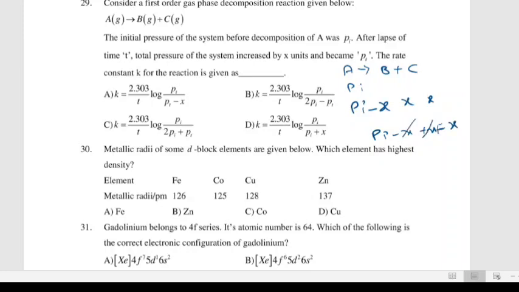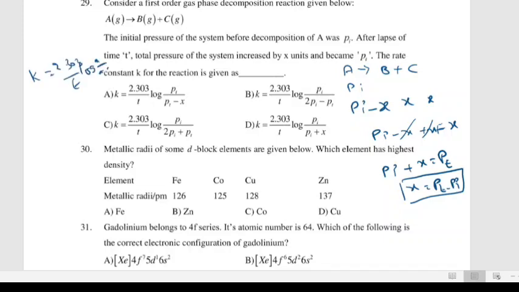The x gets cancelled, so Pi plus x is the total pressure after the lapse of time t. That means this is Pt. Then what will be the x value here? Pt minus Pi. So remember this value: x is equal to Pt minus Pi. Now they are asking for the rate constant K. We know the rate constant for first order is 2.303 by t into log a by a minus x.